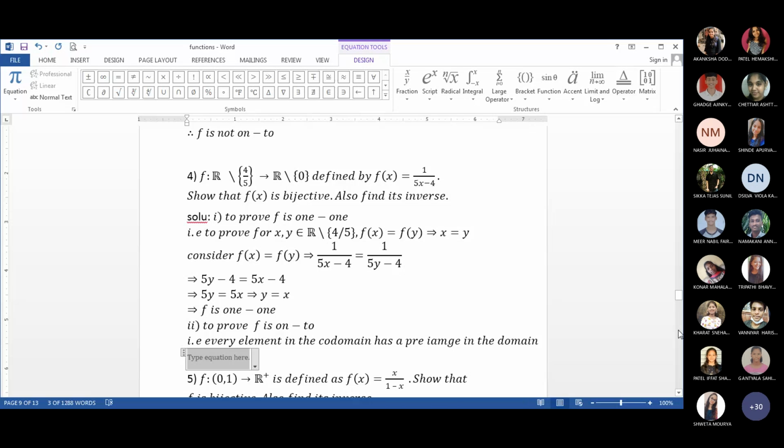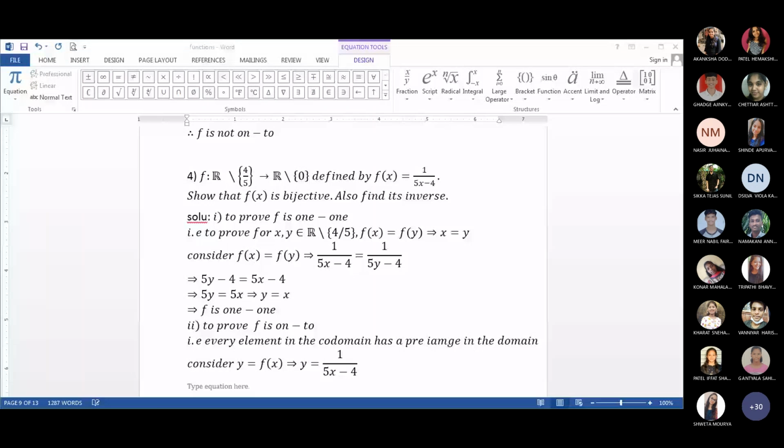Yesterday we had discussed, we will start with y equals f of x. So when you start with y equals f of x, we get y equals 1 upon 5x minus 4. This is the expression in which y is given in terms of x.